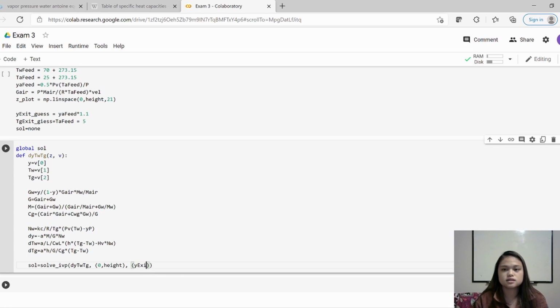So we have the exit temperature of that mole fraction and the temperature of that water feed, and then the temperature of that gas feed that's exiting. And then I need the method, so we're just going to use the Radau for the IVP.